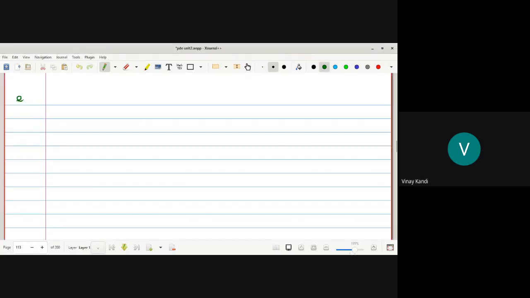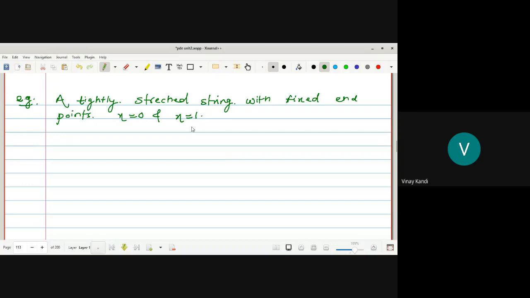Example number: a tightly stretched string with fixed endpoints, where x is equal to 0 and x is equal to 1, is initially in a position given by y(x, 0) equals x(1 minus x).